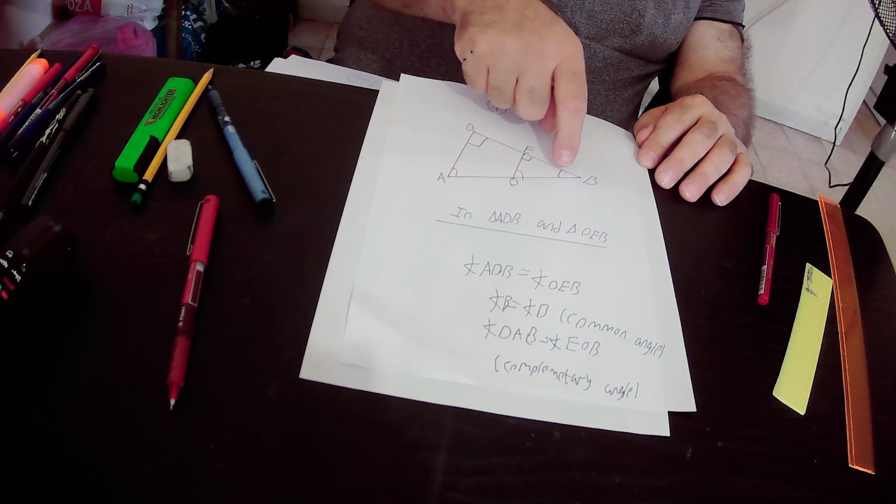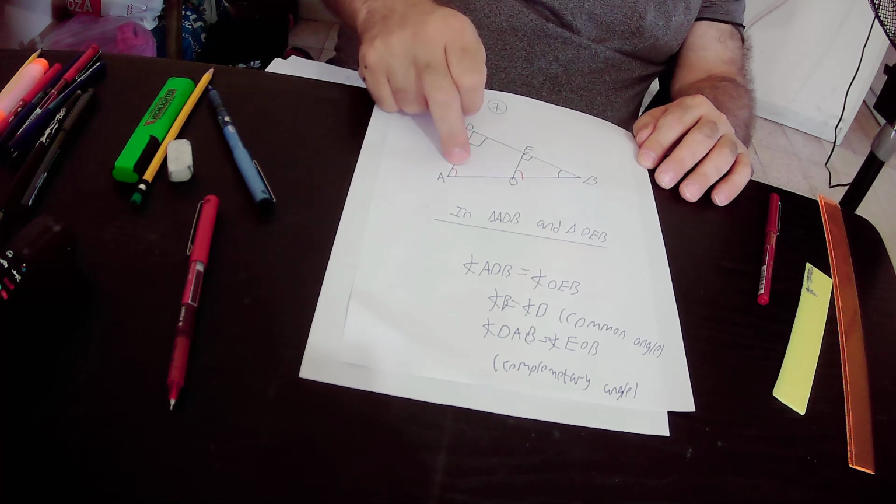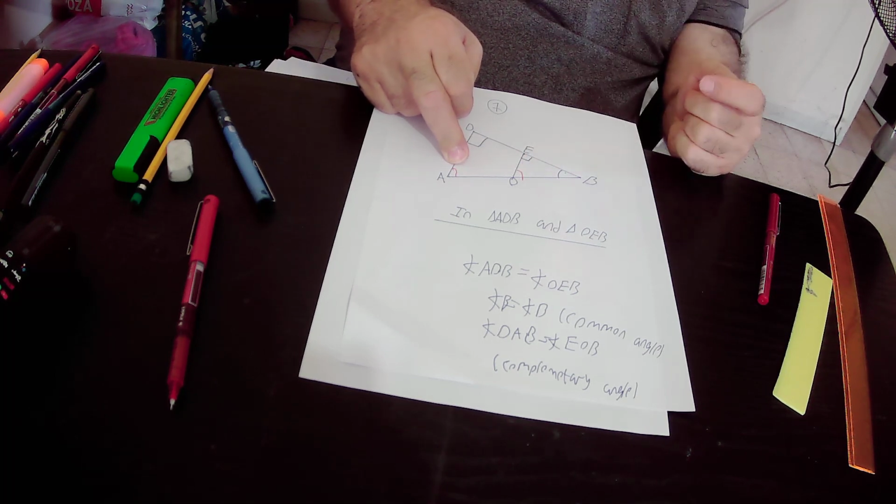Those 2 triangles have a common angle, so angle B equals angle B. And the third angle, this angle, also must be equal to this angle because it is complementary to 180 degrees.